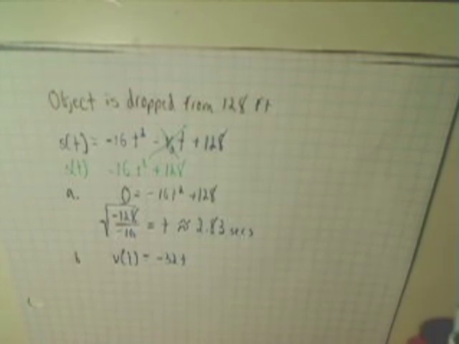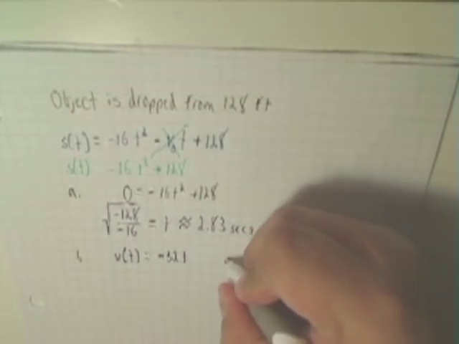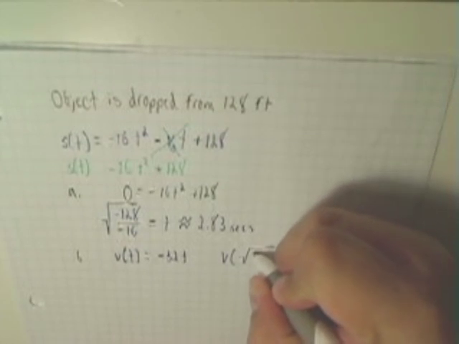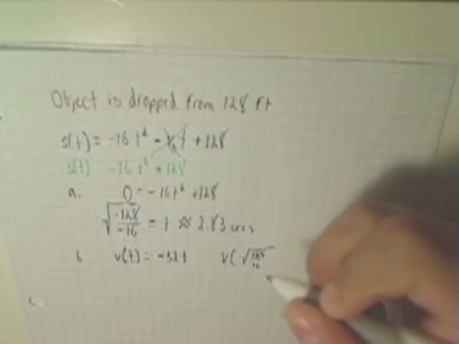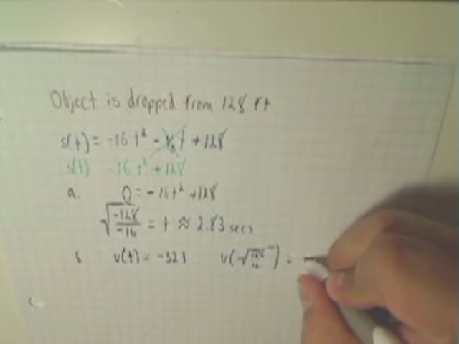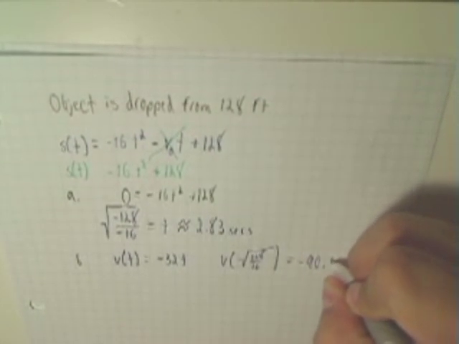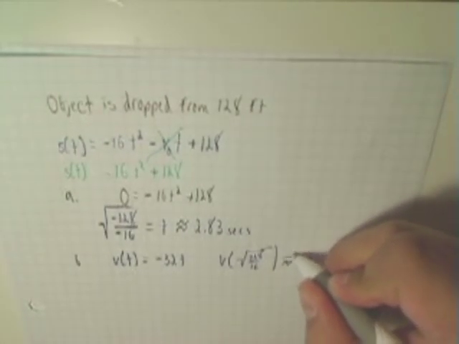So multiply negative 2.83 times 32, so v is about negative 90.5, roughly.